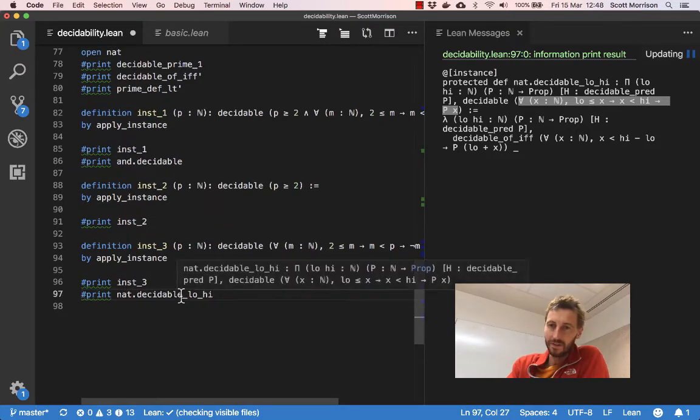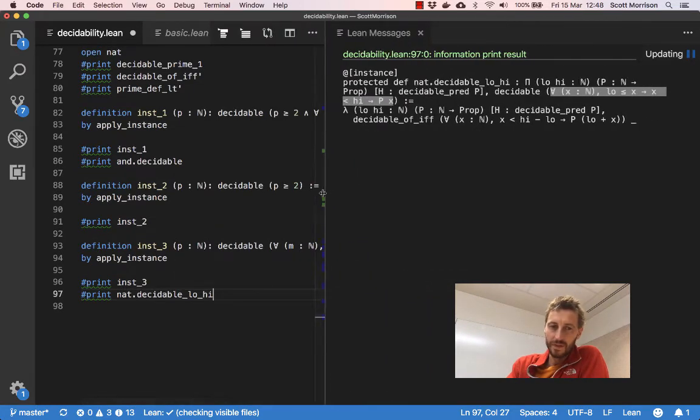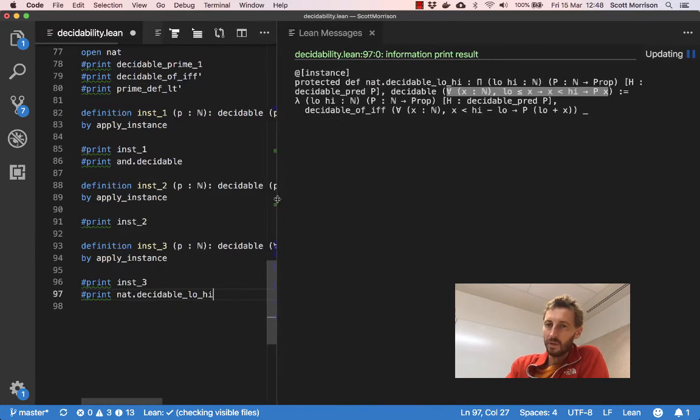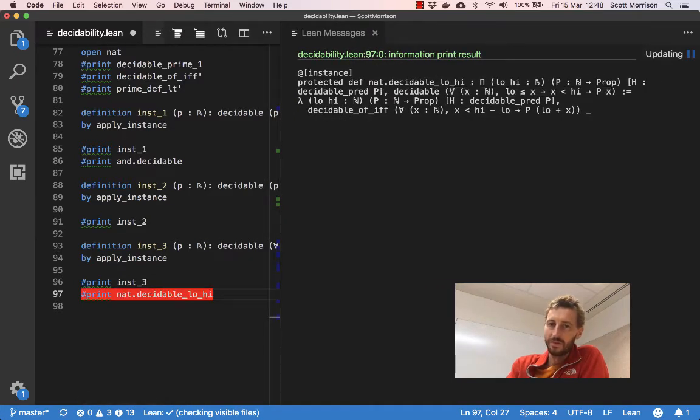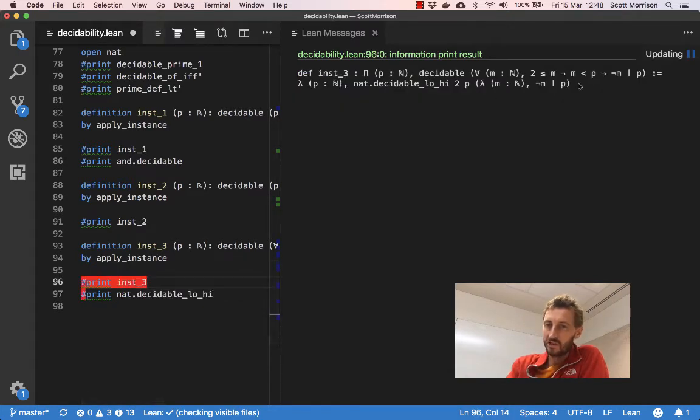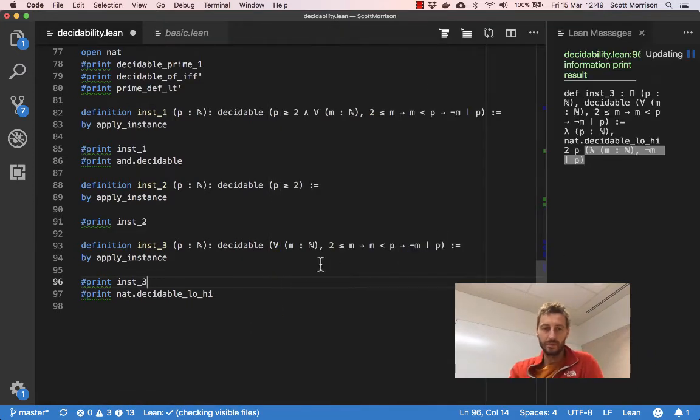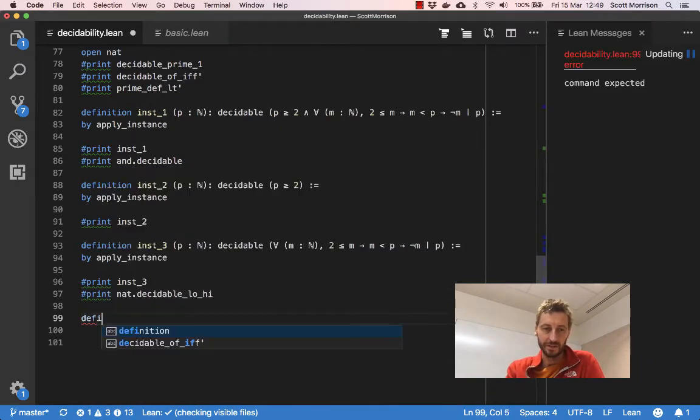So what were the inputs to this decidable low high? Well, the secret input was just this one, the fact that the predicate that we're testing for each value of x was actually decidable. And in our case, that's just this one. It's not the case that p divides m. Okay? So we can see how Lean manages to establish that instance.